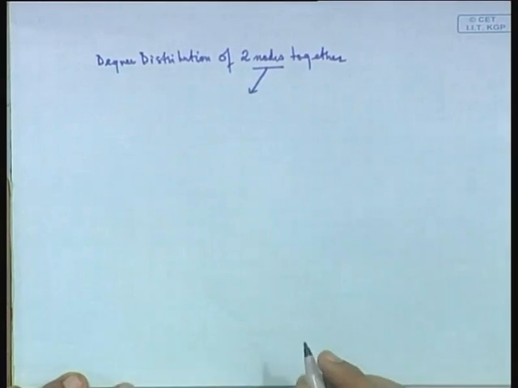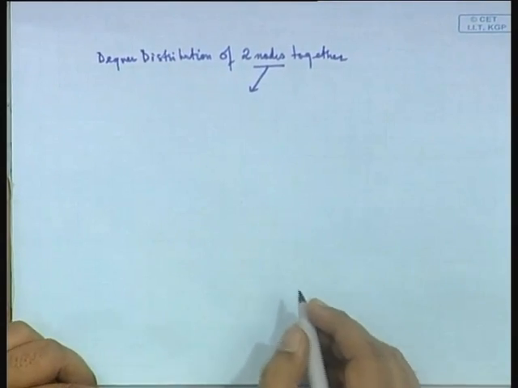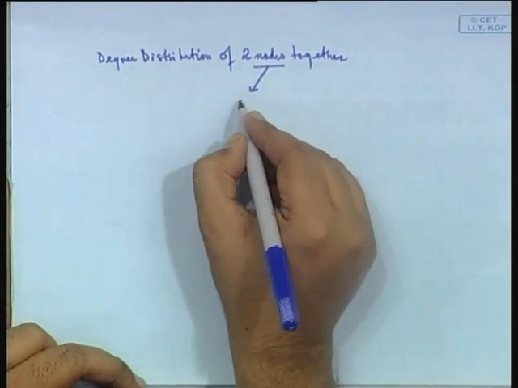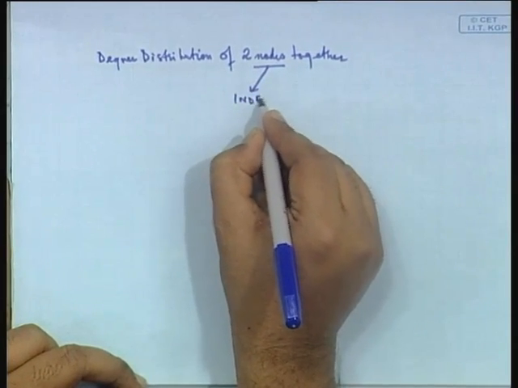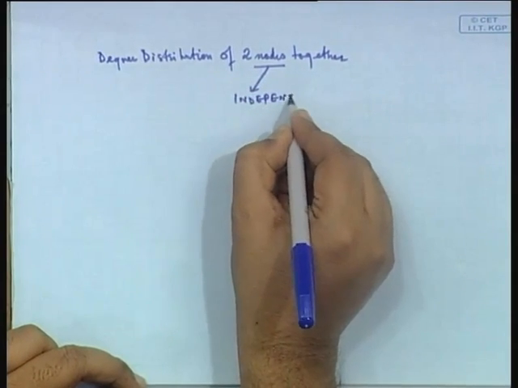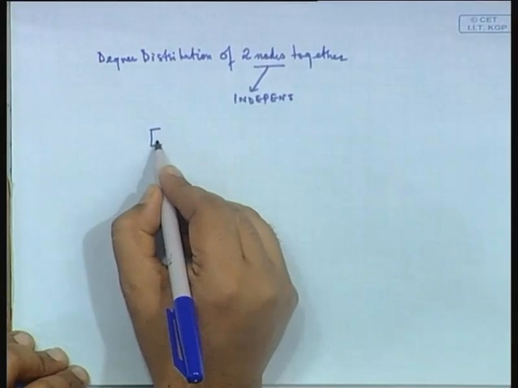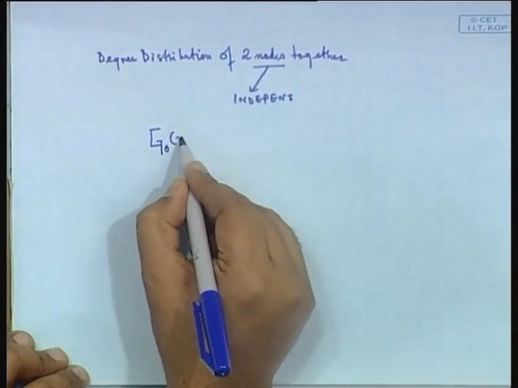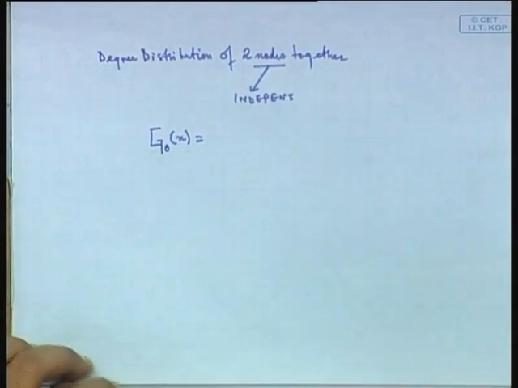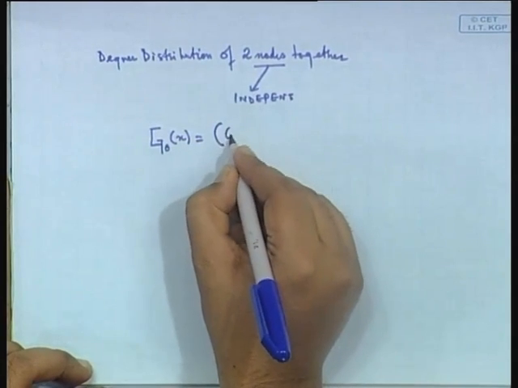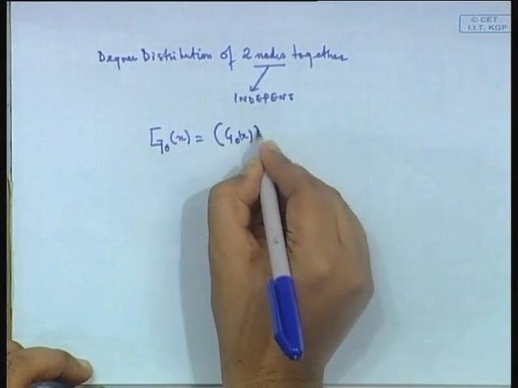First of all, the two nodes can be thought of as independent, with no correlation among them. Then it will basically be G0 x whole square.